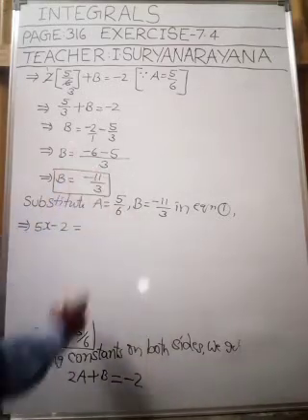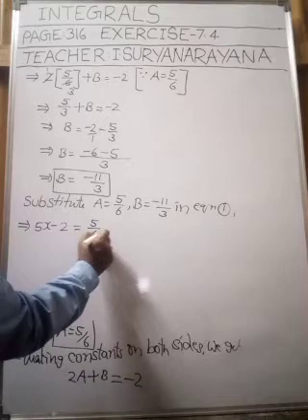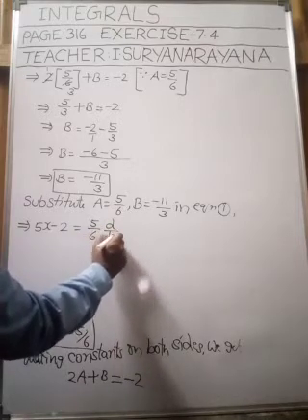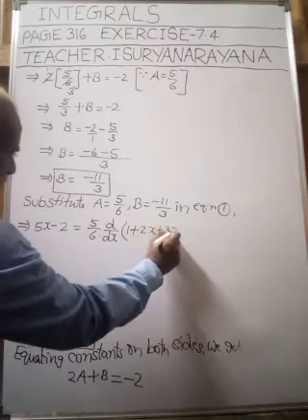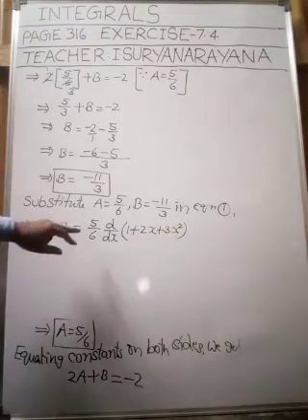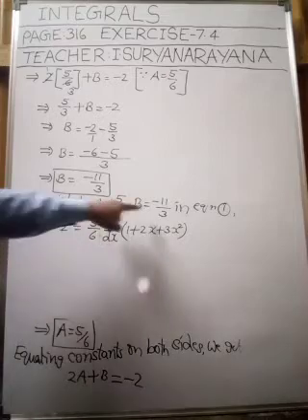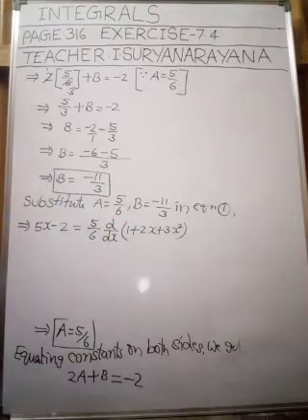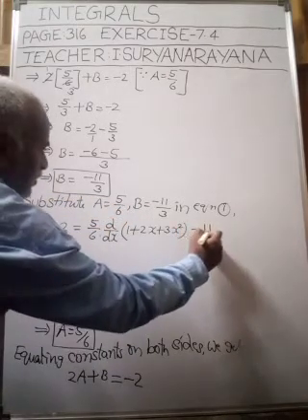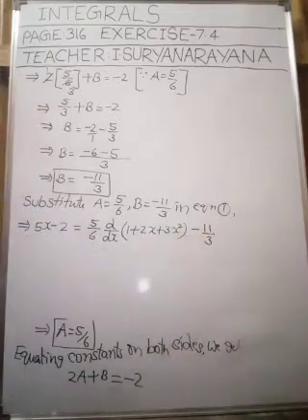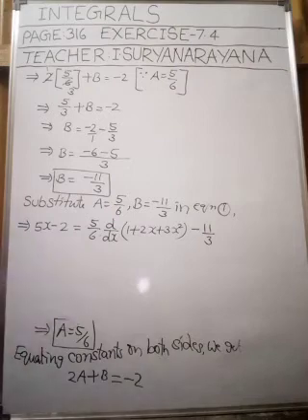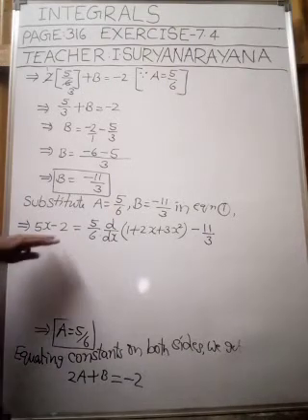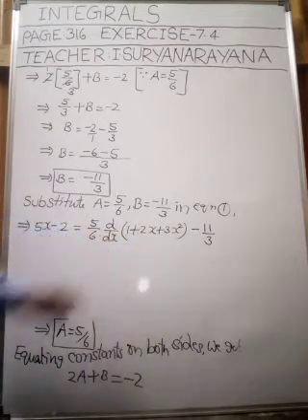A means what is a value here? 5 by 6 into d by dx of 1 plus 2x plus 3x square. Okay, my children, in the equation 1 we are substituting the values of a and b. Minus 11 by 3. Then we got this value, 5x minus 2 is equal to, we can write this one. Okay, my children, understood? So we modified the numerator into this form.